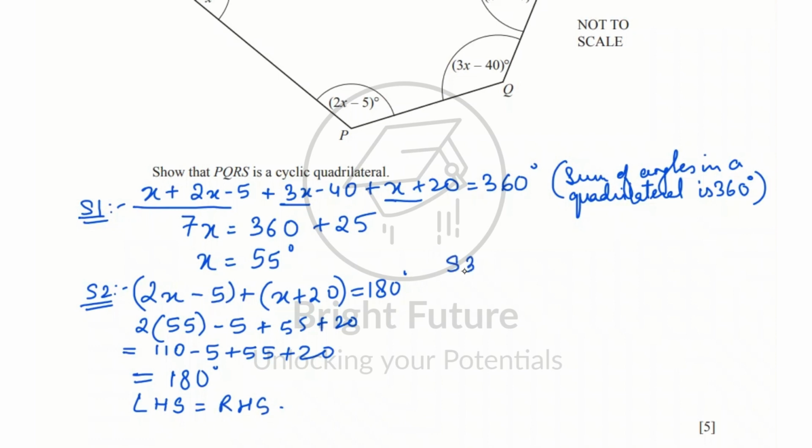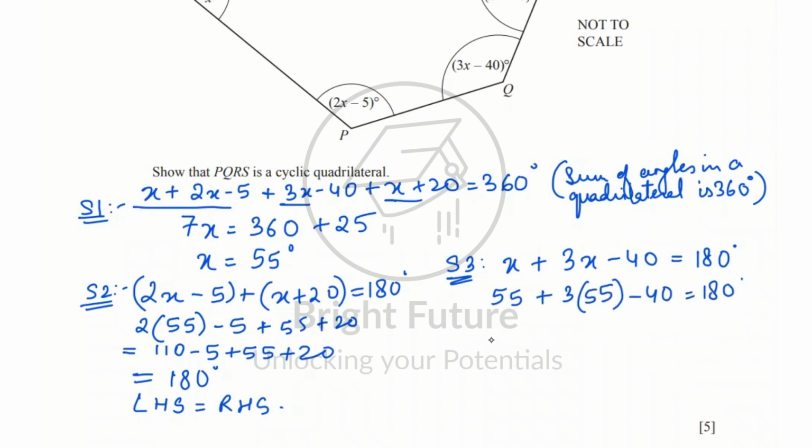Let's see the other angles. It is x plus 3x minus 40 should add up to 180. x is 55, plus 3 into 55 minus 40 is equal to 180.